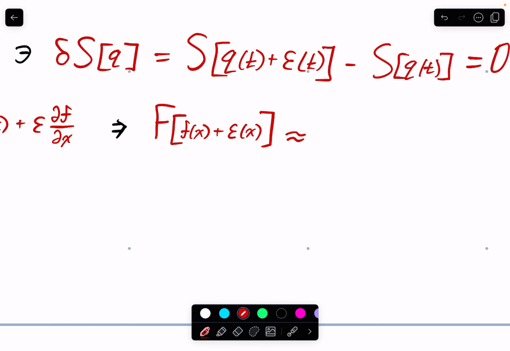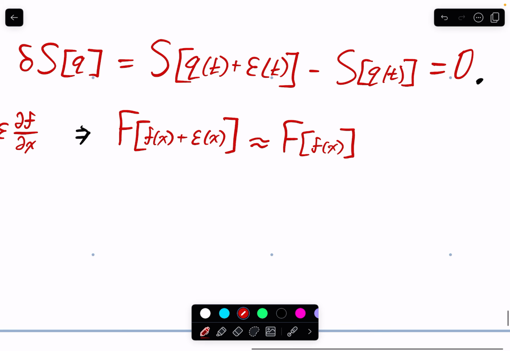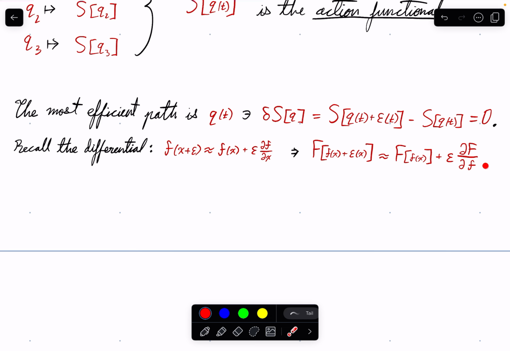Then this is going to be equal to F of f plus epsilon times the change of F in the direction of f. So functionals have the same property that functions do for differentials.